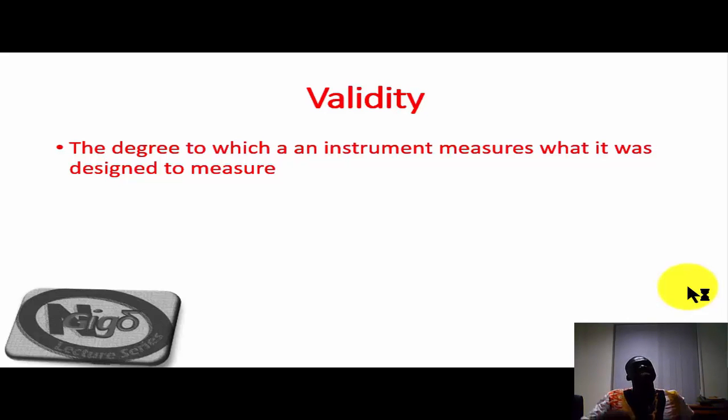So the instrument is designed to measure the knowledge of the respondents in family planning. So to what degree do we think that the individual inputs in there are measuring the knowledge of the respondents on family planning? If you go and ask him, have you heard of family planning before? And he says yes.